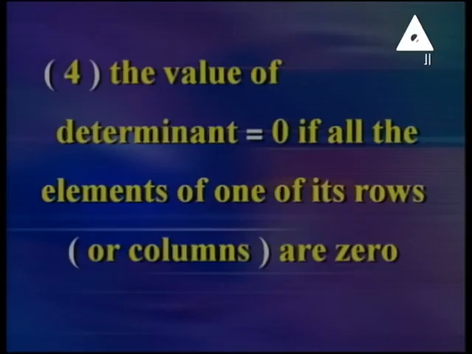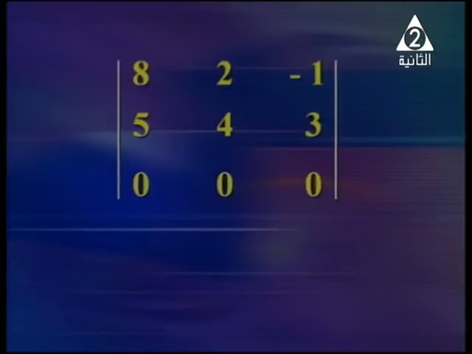Change R1 and R2. Number 4: the value of a determinant equals 0 if all elements of one row or column are equal to 0. Remember, dear student, the value of a determinant must be equal to 0 if all elements of one of its rows or columns are equal to 0. Example, look at the determinant, the third row equals 0.